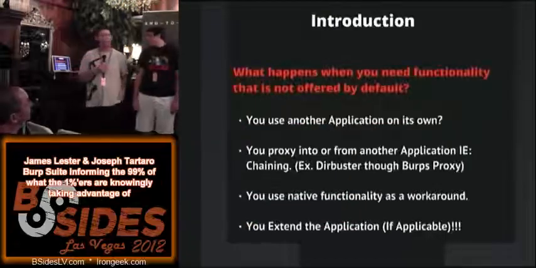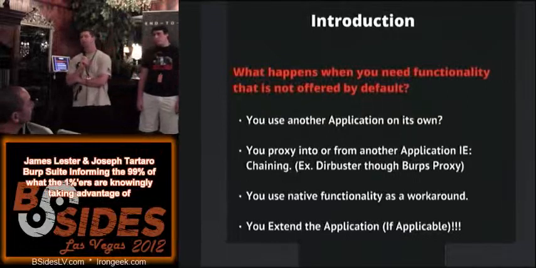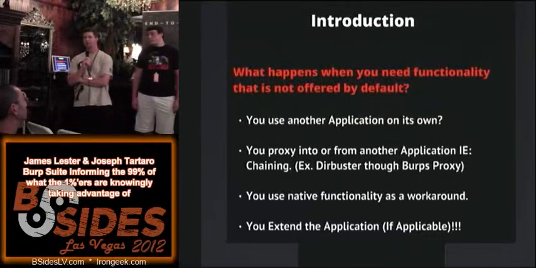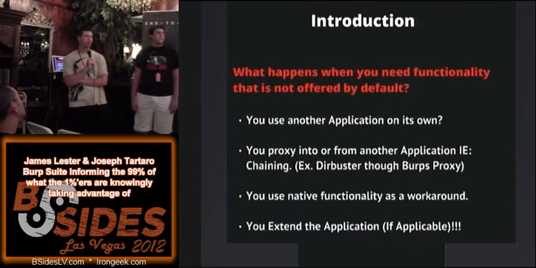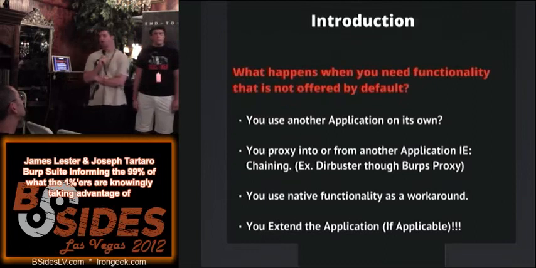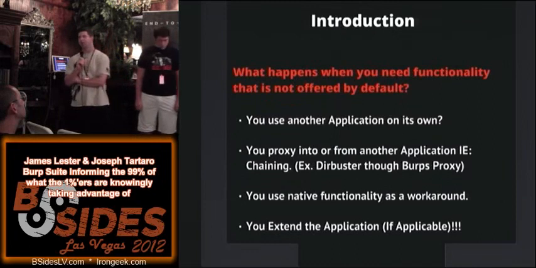So, what happens when you're using Burp Suite and you start testing web applications and you start realizing that there are some limitations that are preventing you from performing your test? What are your options currently? These are some I jotted down.